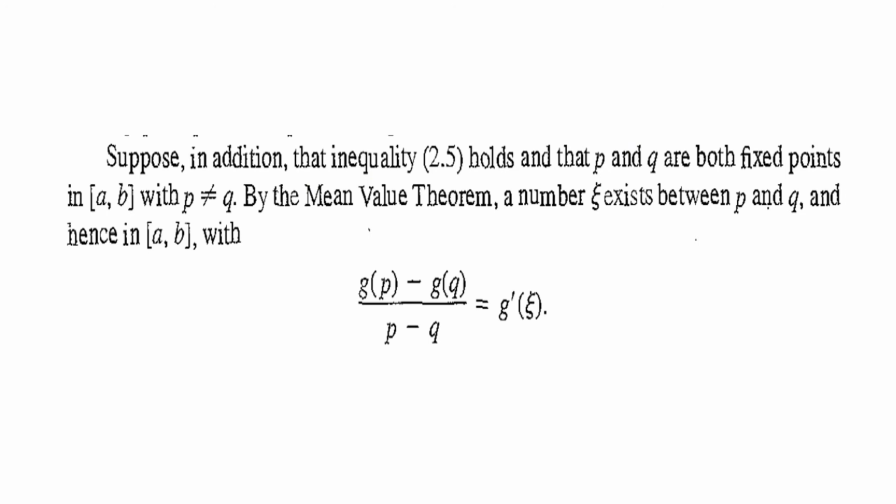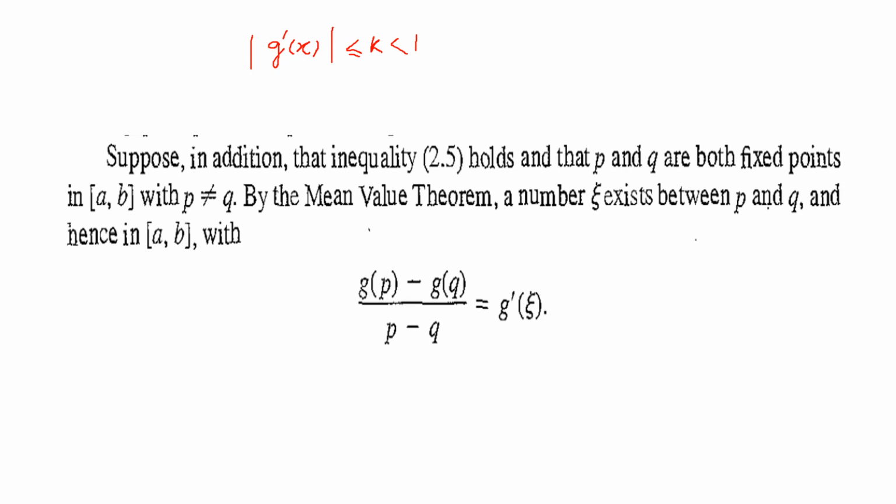In the second part, a condition is mentioned that g'(x) exists and for all values of x, this derivative is less or equal to k, and this k is less than 1 for all x belonging to [a,b].